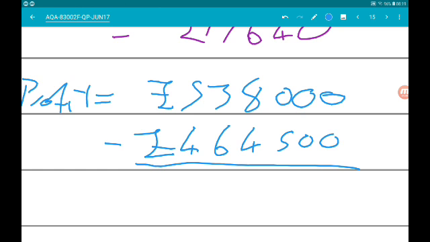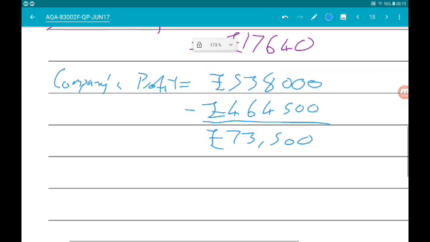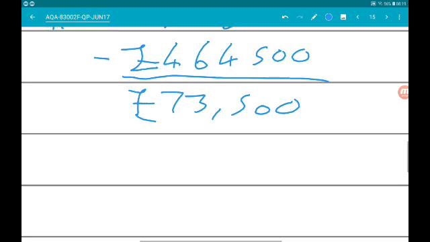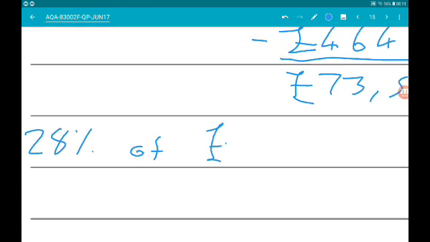Okay, so that gives us 73,500. So Ellen gets 28% of that. So 28% of 73,500.